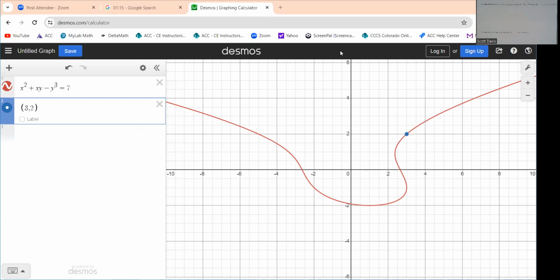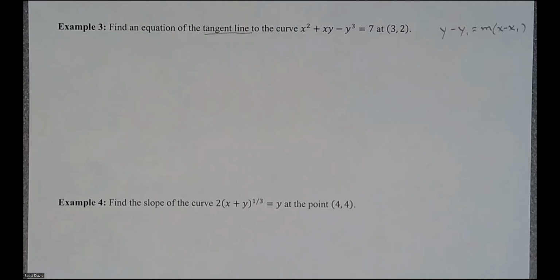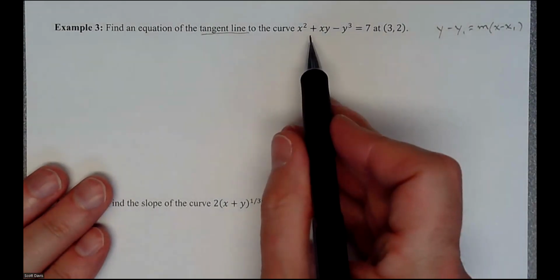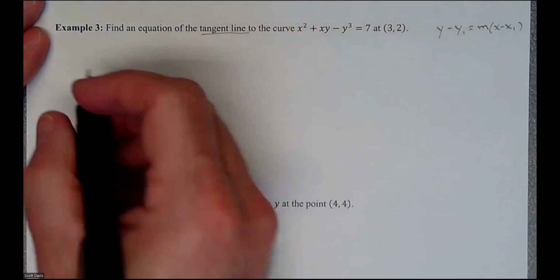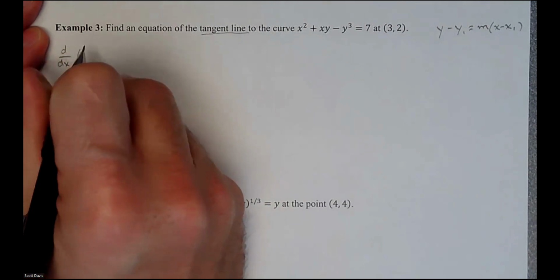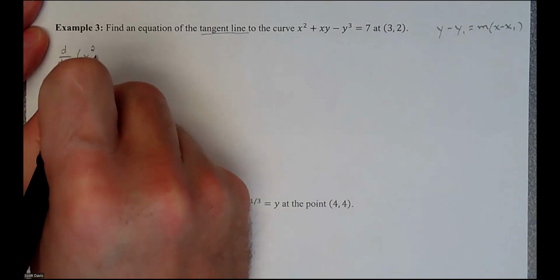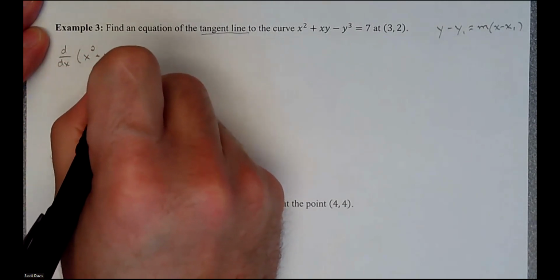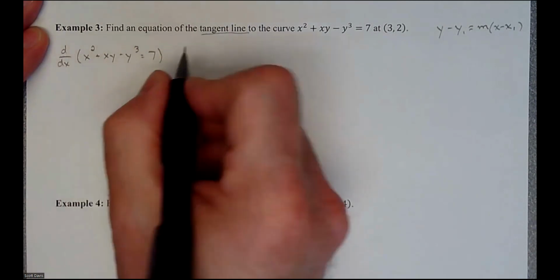All right, so let's go back. Here is our equation. We need to do the derivative of this with respect to x: x squared plus xy minus y cubed equals 7.